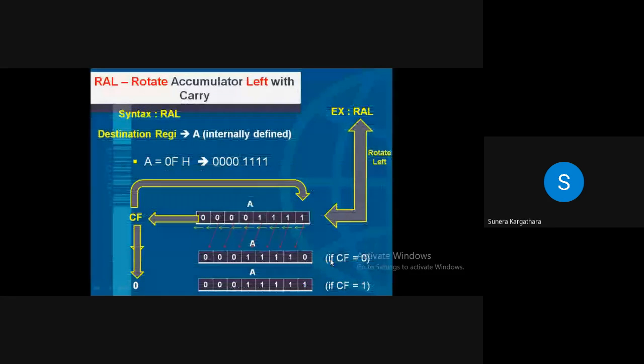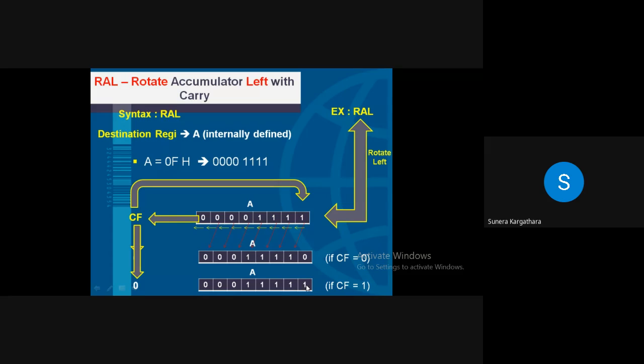Here in this example, right? आपका previous content क्या था? 0F. If your carry is 0, then what will happen? Carry का जो bit था वो यहाँ पे गया, so it is 0. बाकी 1 shift हुआ. Can you see here? और जो आपका last bit था वो कहाँ पे गया? Carry में. और in case of CF equal to 1, आपका carry bit कहाँ गया? 1.